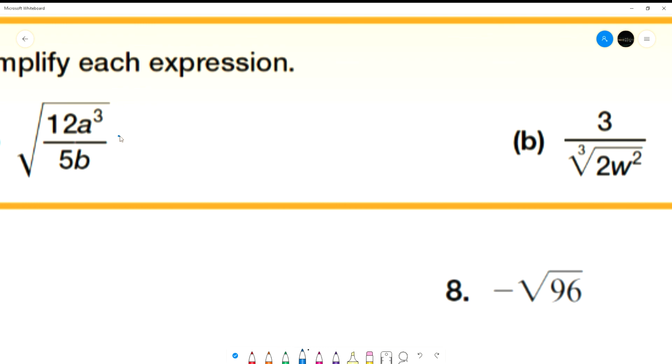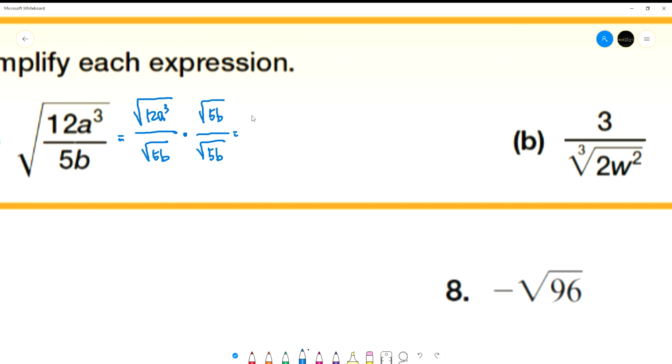So this we separate first. We get the square root of 12a cubed over square root of 5b. To rationalize the denominator, it's 25b squared, so I get root 5b, root 5b.